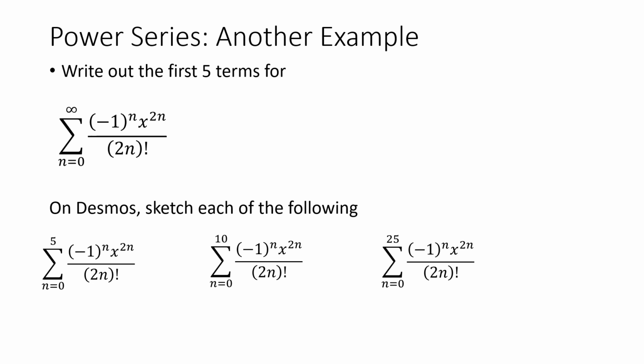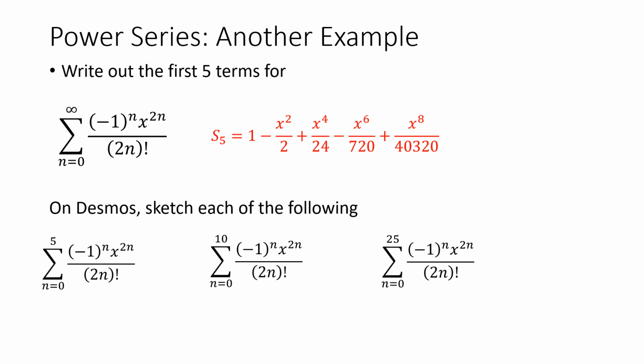So, writing out the first 5 terms gives 1 for the first term, because x to the 0 is 1, negative 1 to the 0 is 1, and 0 factorial is 1. Then minus x squared over 2 plus x to the fourth over 24, noting that 4 factorial is 24, minus x to the sixth over 720, again 6 factorial is 720, plus x to the eighth over 40,320, as that is equal to 8 factorial.